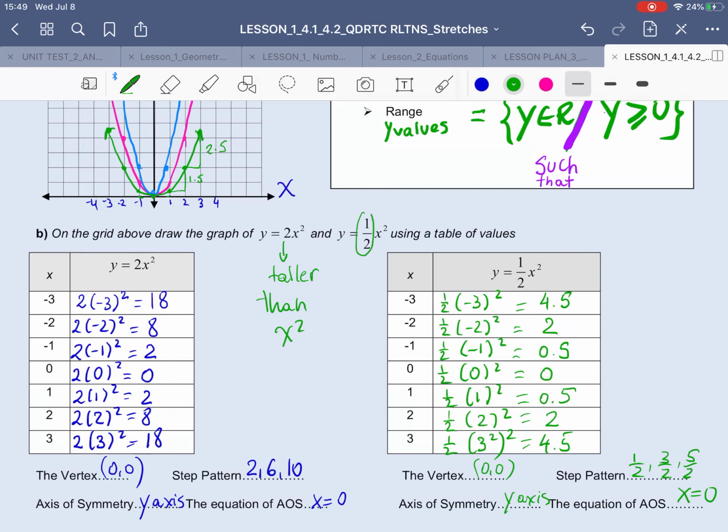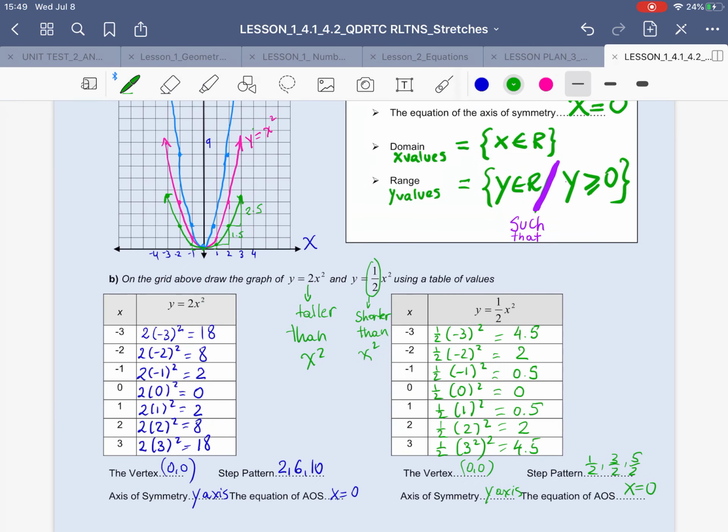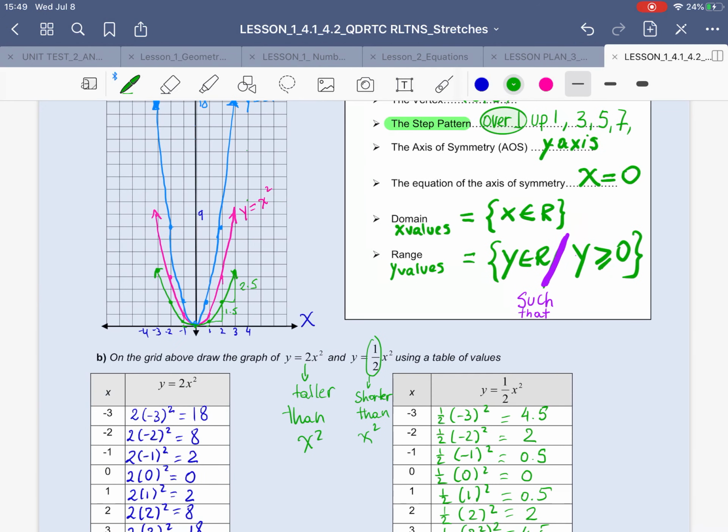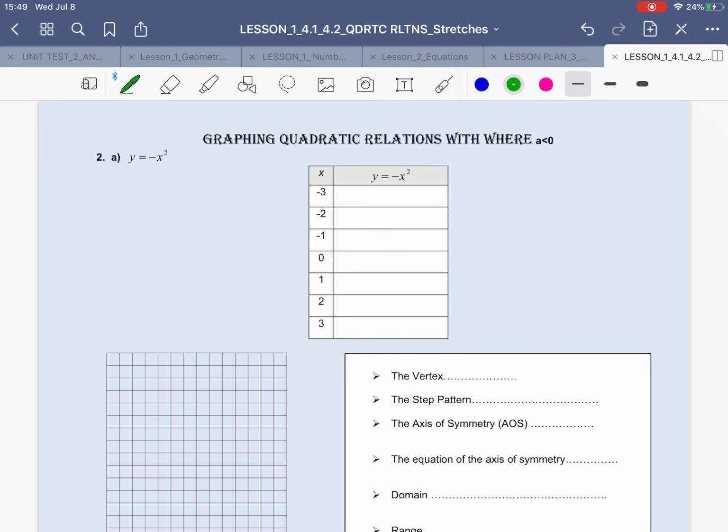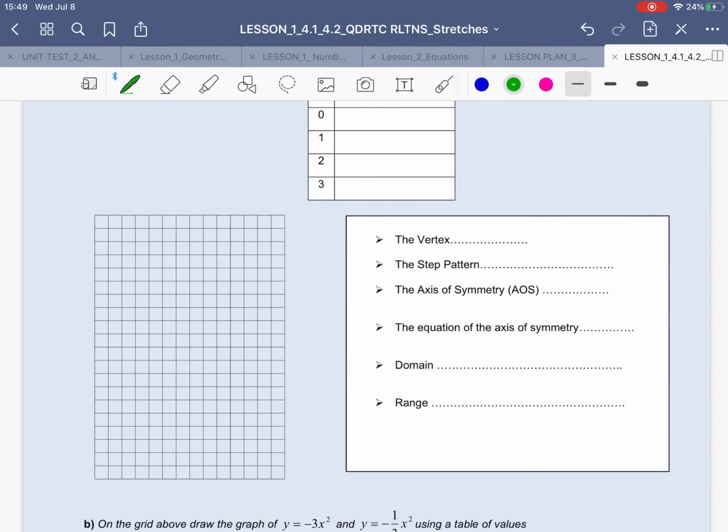And if the number is less than 1, it will make it shorter than x squared. All right? Y equals x squared. And by the way, we refer to y equals x squared as the basic parabola. All right? Now, we're going to move on and let's see what we have on the next page.